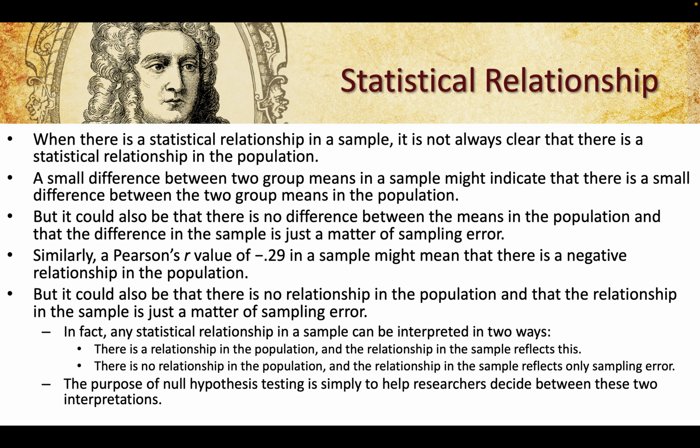There is a relationship in the population and the relationship in the sample reflects this, or there is no relationship in the population and the relationship in the sample reflects only sampling error. The purpose of null hypothesis testing is simply to help researchers decide between these two interpretations.